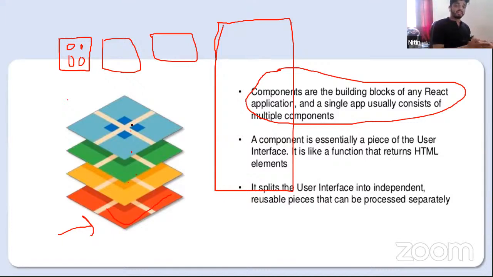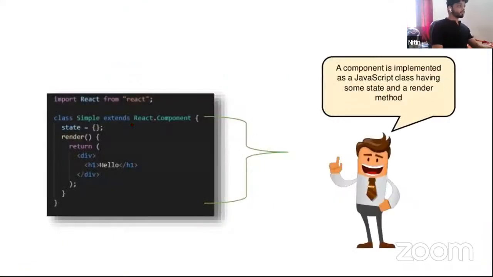You only want the thing that had an effect or an event happen to change, not the other things. So that is why we use components, and that's why we make components very small. Okay. So these are some ways we write components.